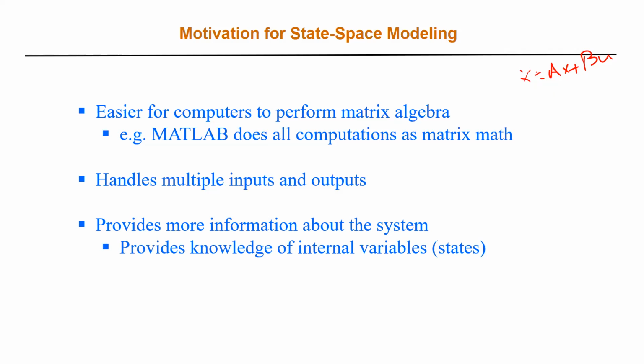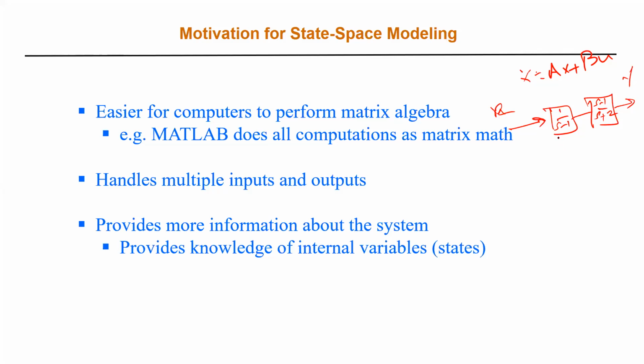Suppose I have two systems in series. One has transfer function 1 over s minus 1, and the other is s minus 1 over s plus 2. This is r, and this is y. If I have a step input, I can get y.